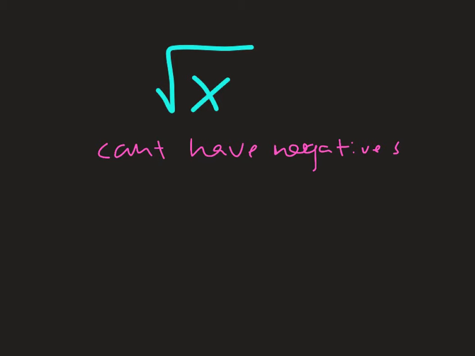So anytime we have a square root, we need to set what's under our square root greater than or equal to 0, because it has to be something bigger than or equal to 0. So here we would just have x is greater than or equal to 0, so we would write that in our interval notation as 0 to infinity, because x can be anything from 0 to infinity.